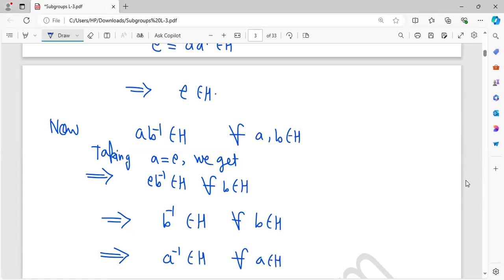We are just changing a symbol, it does not affect anything.